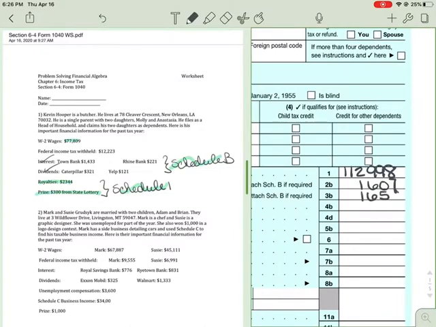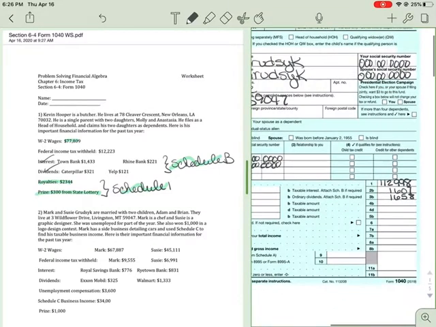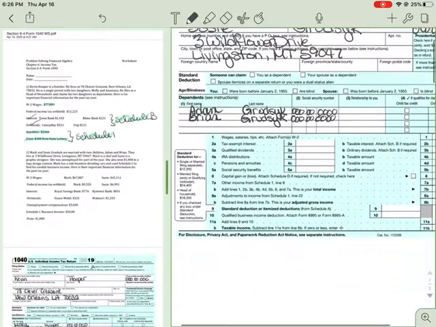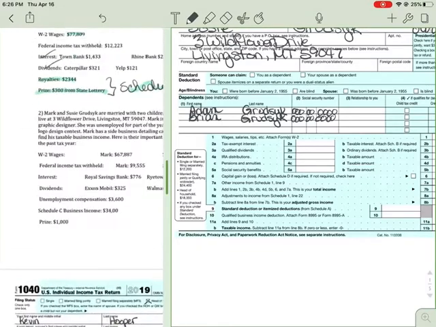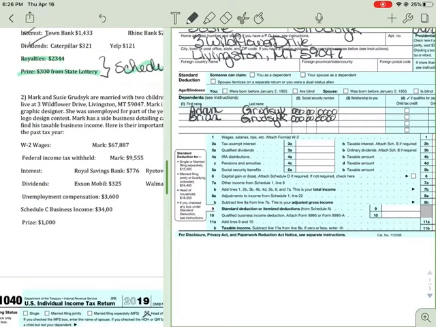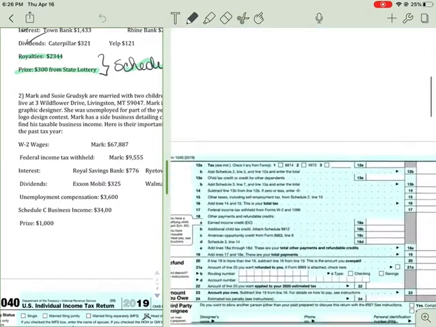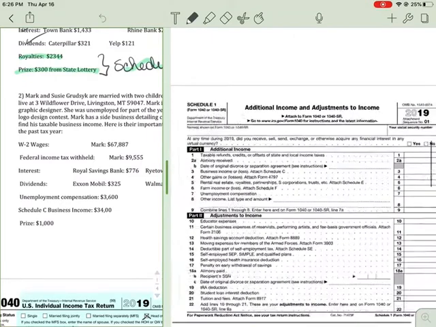Everything else, capital gains, they didn't have anything. Other income from Schedule 1: other income that they had, unemployment and business. By the way, that's $34,000. So let's go down to Schedule 1.